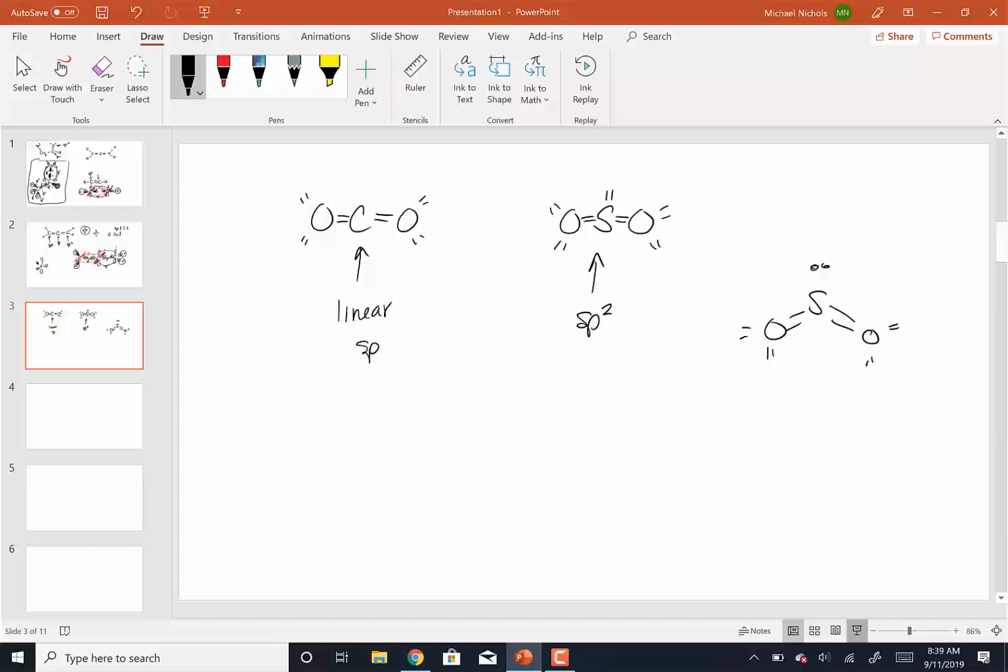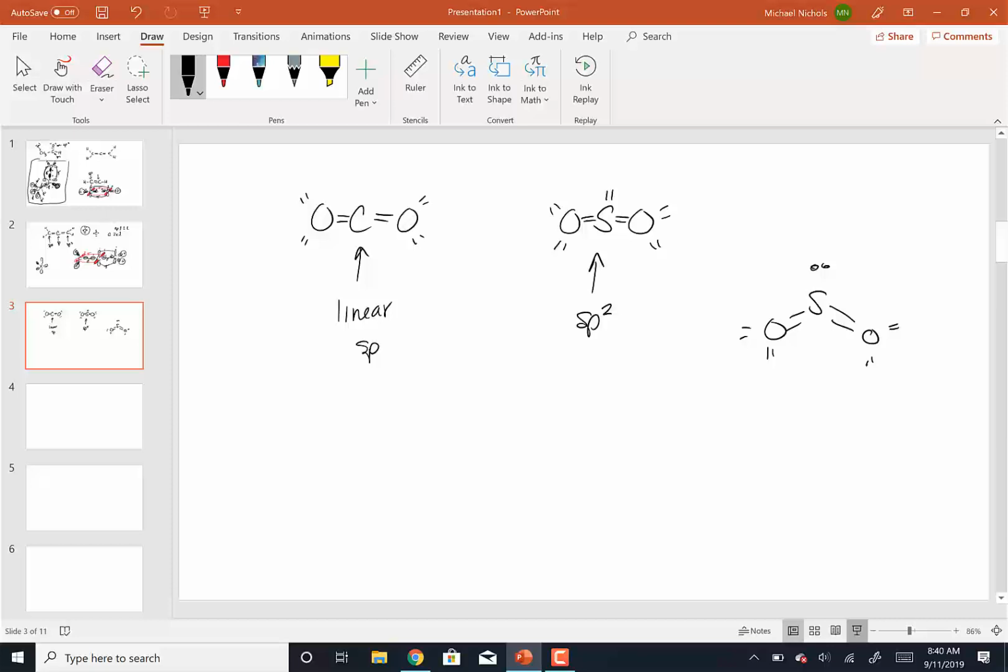So is CO2 polar or not? It's nonpolar. So in order to be polar, what do you need? A polar covalent bond and an overall molecular dipole moment. Does carbon have polar covalent bonds? Yes. Does it have an overall dipole moment?